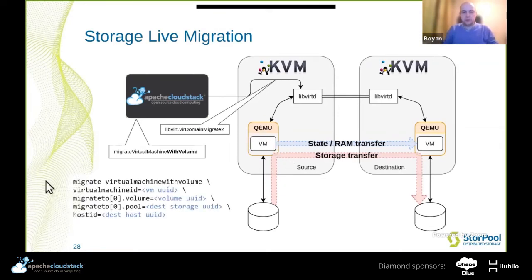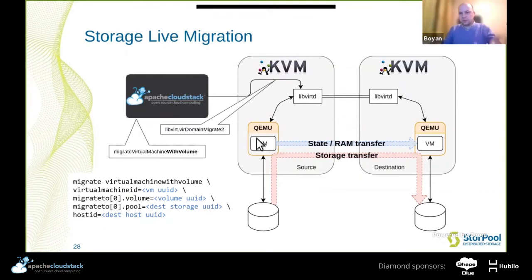So we've added a few parameters to it, so that you can specify the type and ID of the destination pool. We've added this migrate-to parameter for specifying the destination volume ID and the destination pool ID. If you have a virtual machine with some storage disks, then for each virtual disk you can specify which destination storage system that virtual disk would go to.